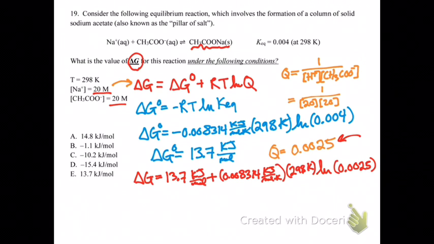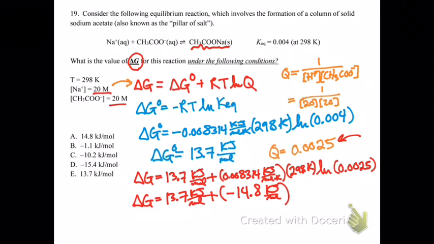Let's see what we get. So this whole thing here ends up equaling negative 14.8 kilojoules per mole. So then we'll add that to our delta G standard and get our answer of delta G equals negative 1.1 kilojoules per mole.